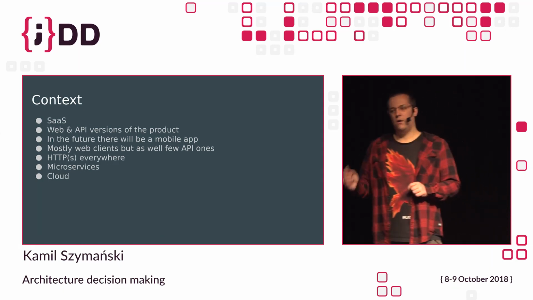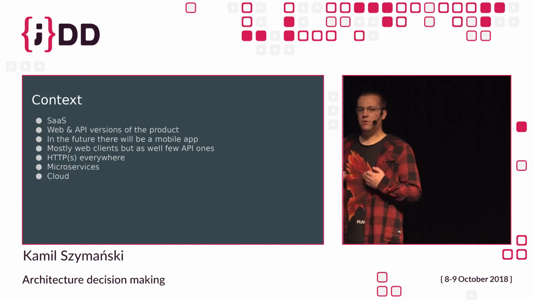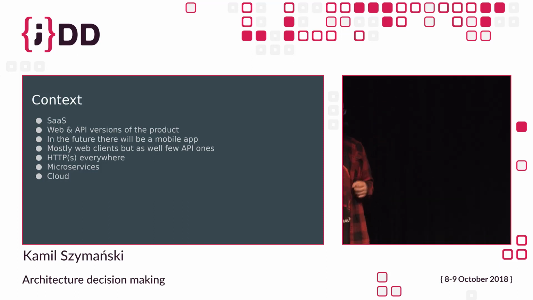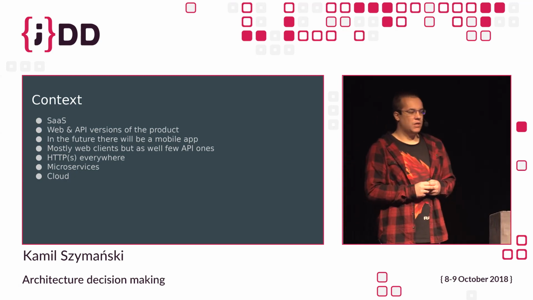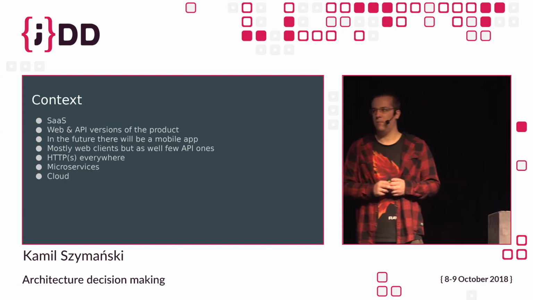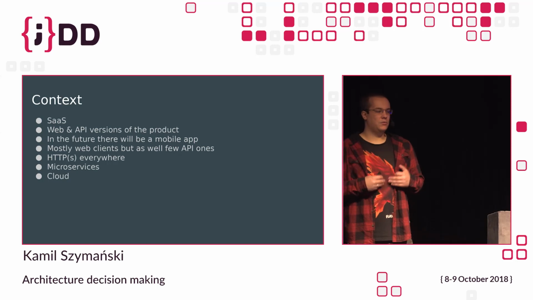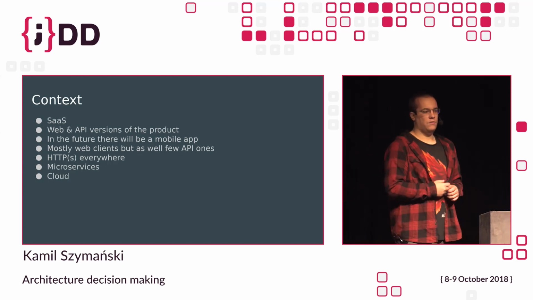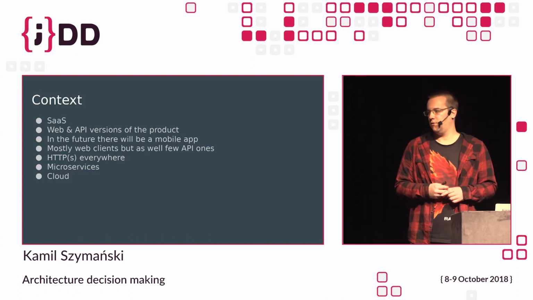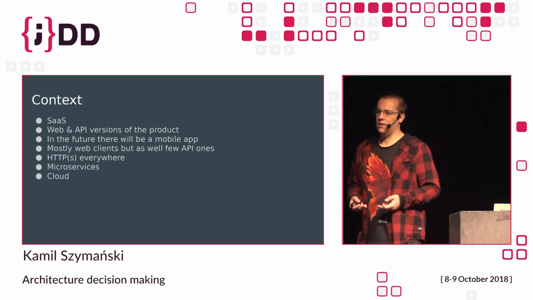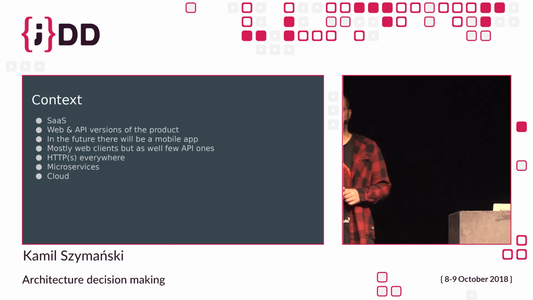And from all of the customers that we have, most of them use the full-fledged version of our product, so web plus all the APIs. But we still have some customers that are using the plain API version of our offering. It's 2018, so of course we're running everything in the cloud. There's microservices there.